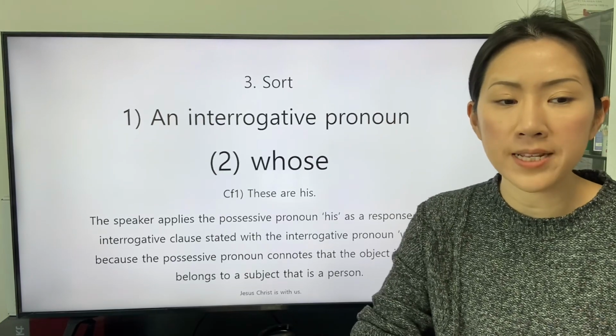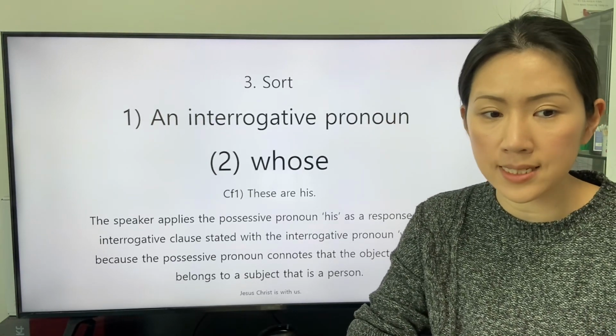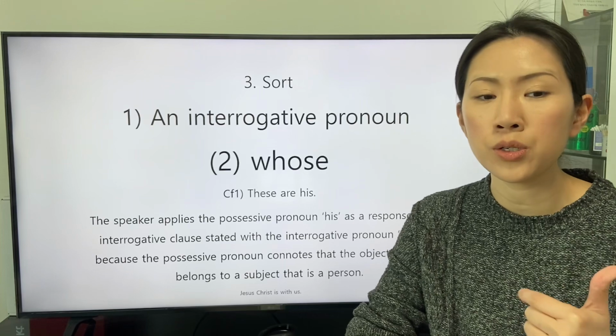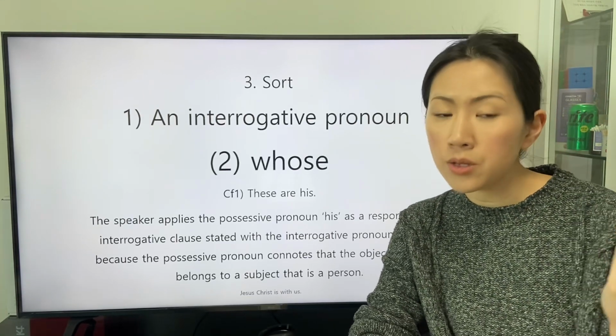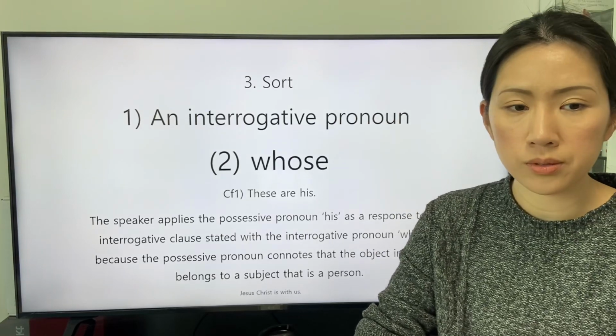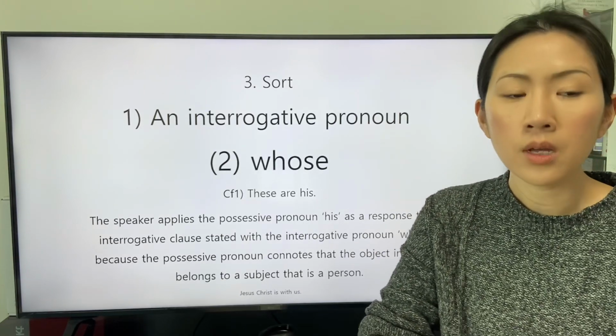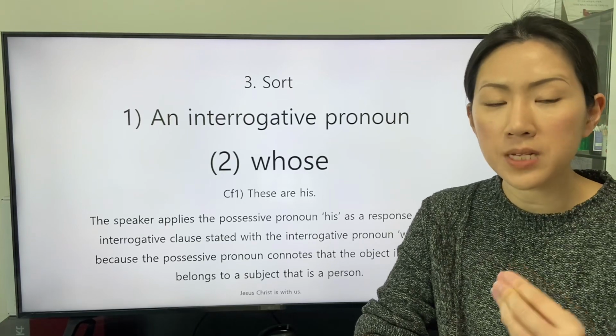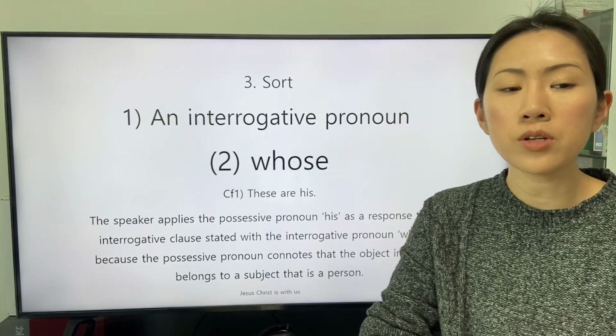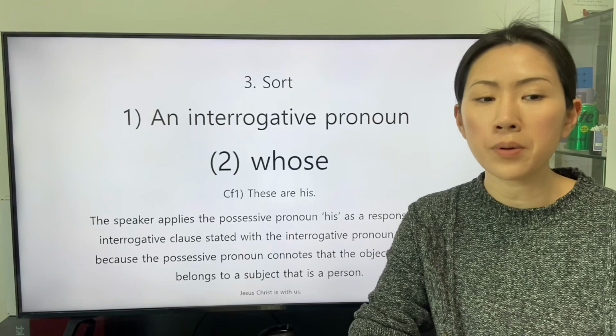The speaker applies the possessive pronoun his as a response to an interrogative clause stated with the interrogative pronoun whose. Because the possessive pronoun connotes that the object indicated belongs to a subject, that is, a person.